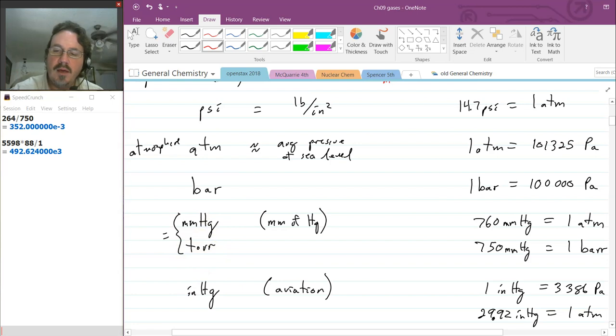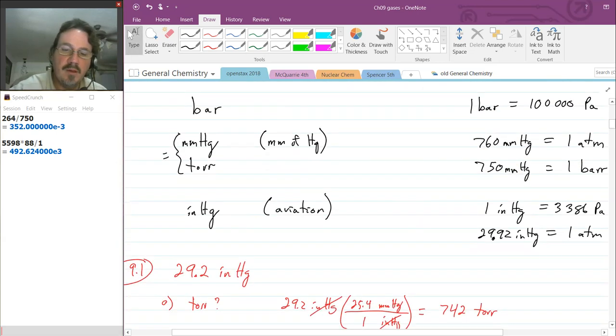So how does that convert? Well, 760 millimeters is 1 atmosphere. If I measure the average pressure of an atmosphere, it turns out to be 760 millimeters. Or if I want to use the bar as the average, then that's 750 millimeters. Like we said, an atmosphere and a bar are very close. But here are the conversions again. A bar, 100,000 pascals, 750 millimeters, and an atmosphere, 760 millimeters.